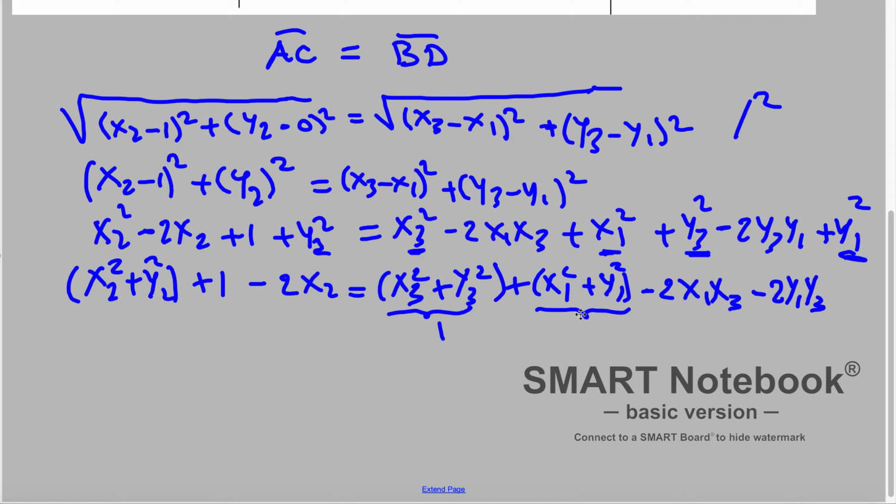And this x1 squared plus y1 squared is going to be 1. And this one here is going to be 1. And 1 plus 1 here is going to be 2, minus 2x2. And what remains is minus 2x1x3 and minus 2y1y3.